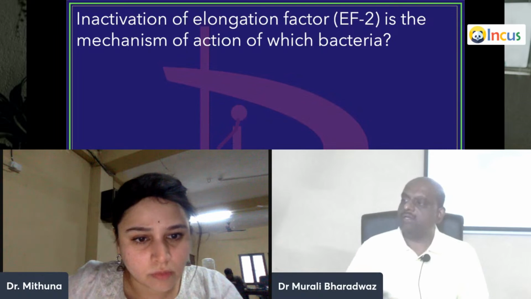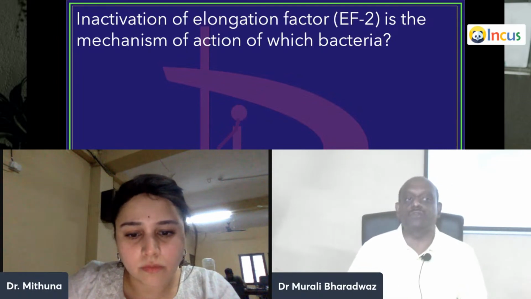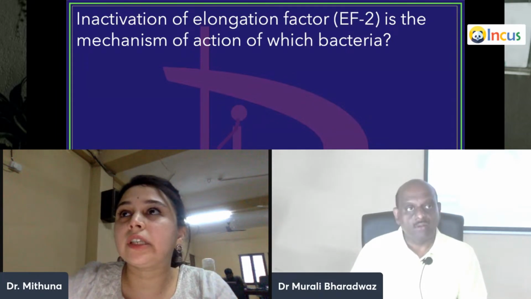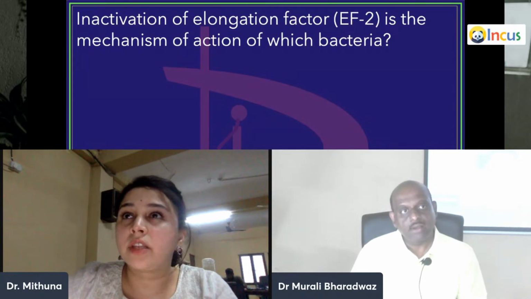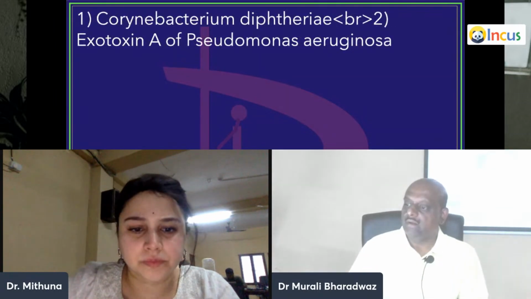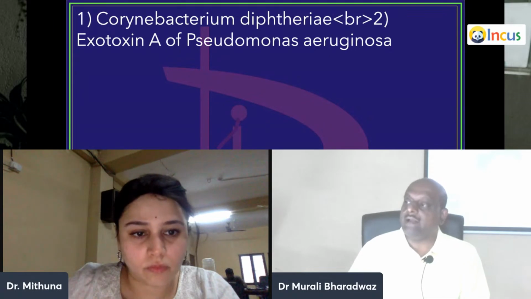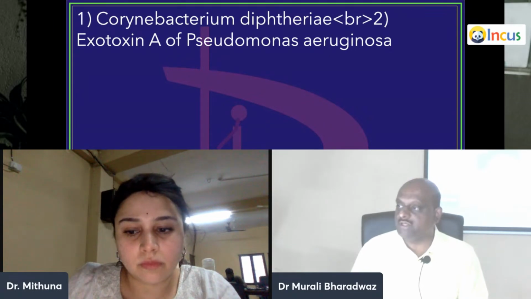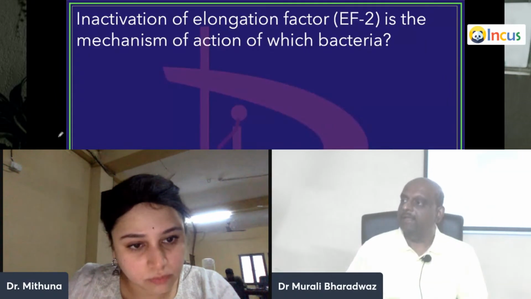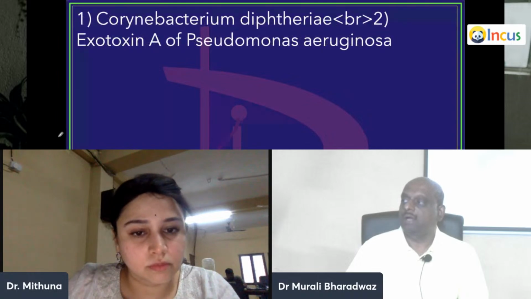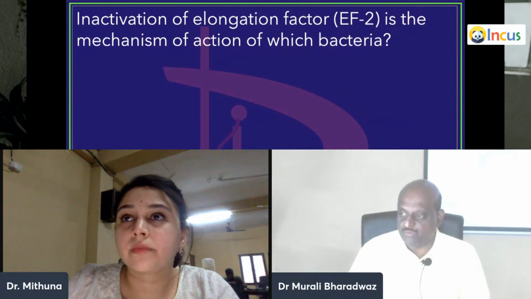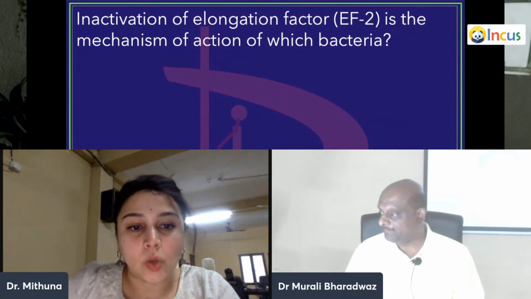Inactivation of the elongation factor is the mechanism of action of which bacteria? This is a repeat again, sir. So it's Corynebacterium diphtheriae and exotoxin A of Pseudomonas. Very good. It's the Corynebacterium exotoxin and exotoxin A of Pseudomonas aeruginosa, which are typically associated with inactivation of the elongation factor 2, is what you need to remember.